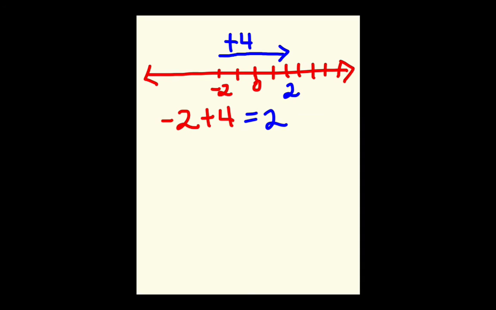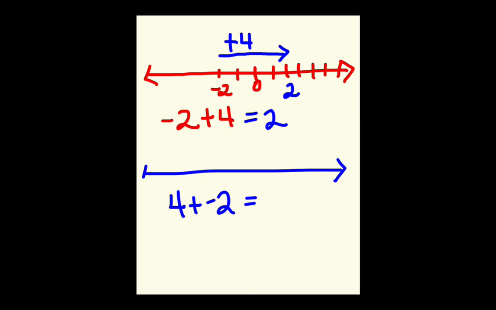Let's prove that it's true with the commutative property. 4 plus a -2, does that also equal 2? Now it's very important when you switch your numbers, when you're using the commutative property, if you're talking about positive and negative numbers, you must keep the sign with the number when you switch the order. Okay, so we would start here now.